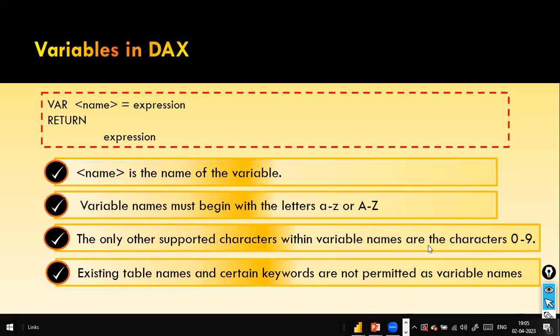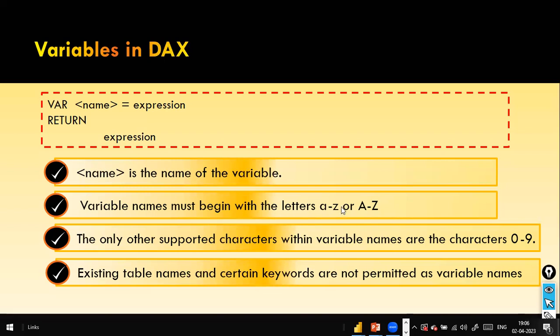So your variables can be a mix of English letters and numeric values, but the variable name should not start with a numeric value, as it will throw an error. Make sure that you follow this standard while defining the name for the variable. For example, I wanted to create a variable by the name of profit underscore 2014.